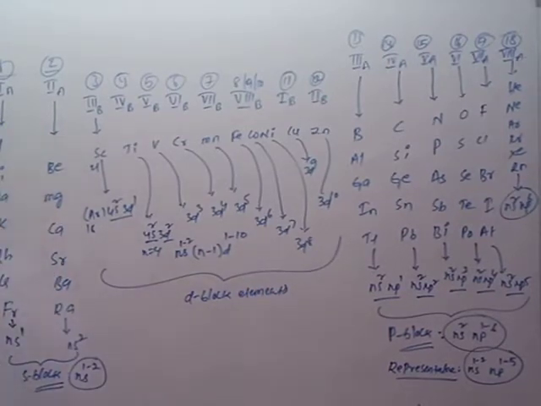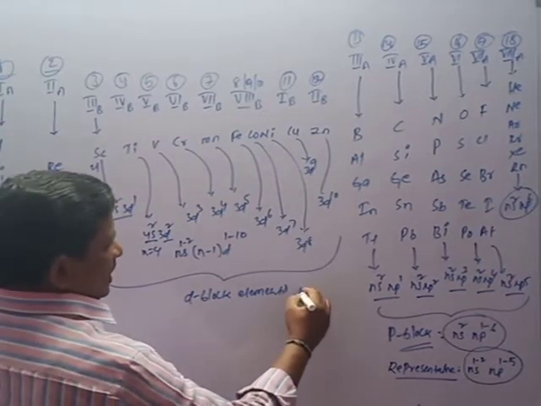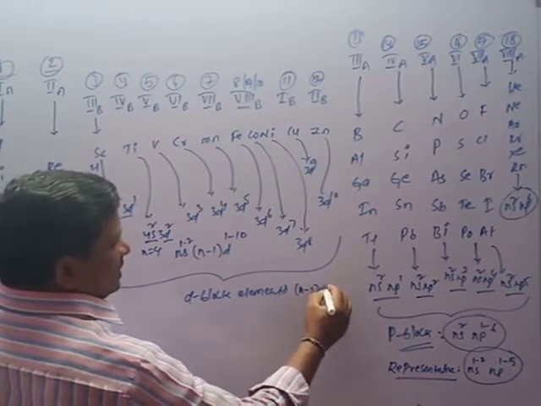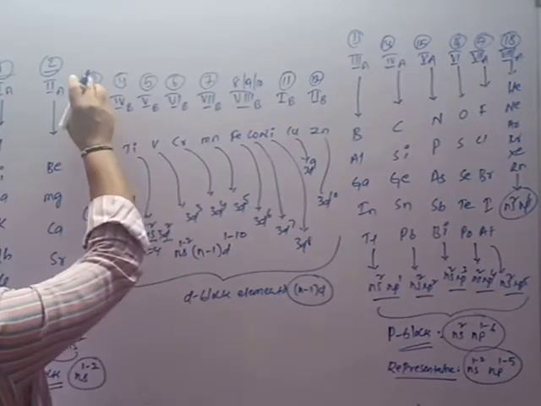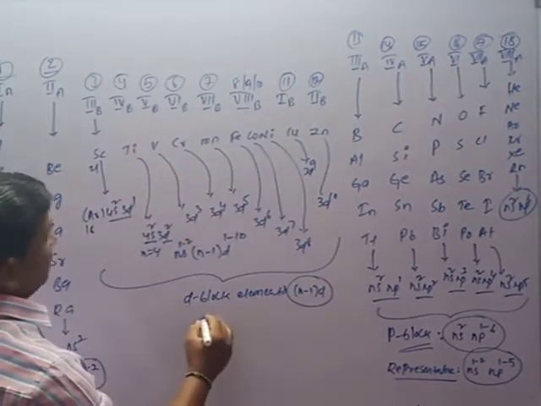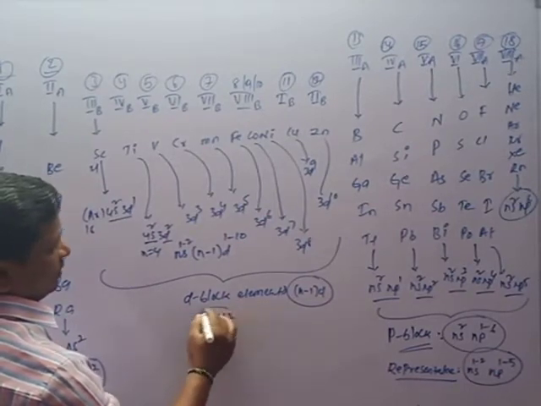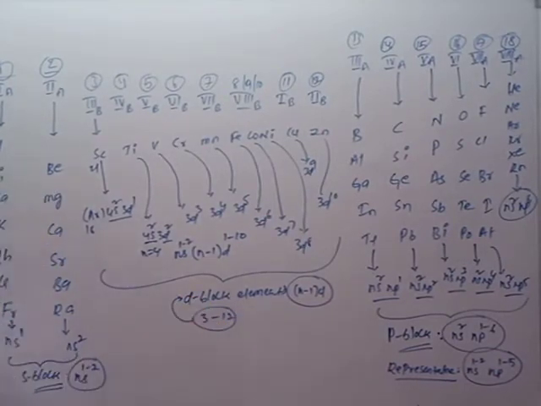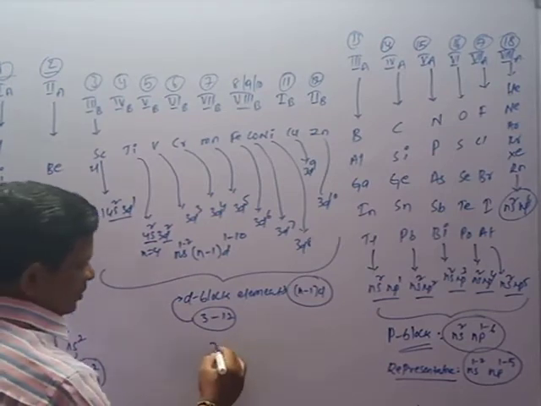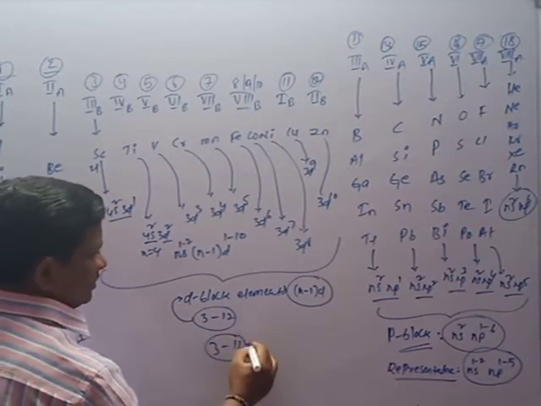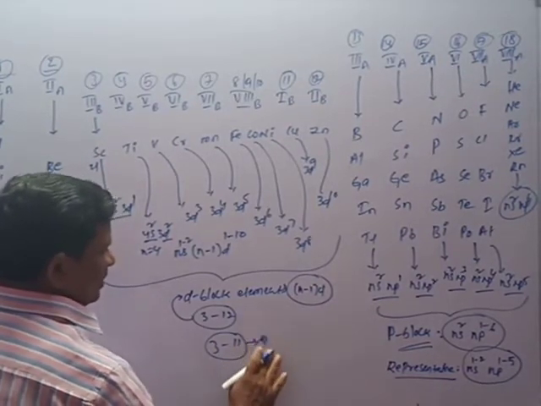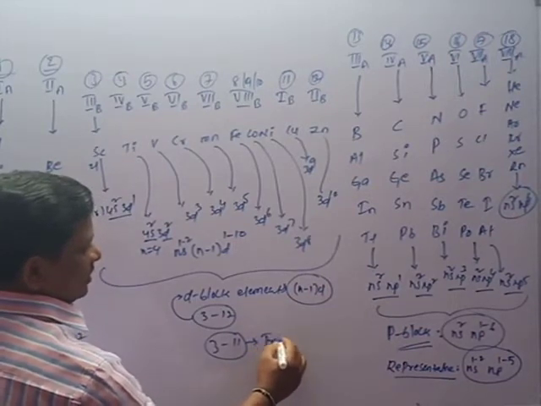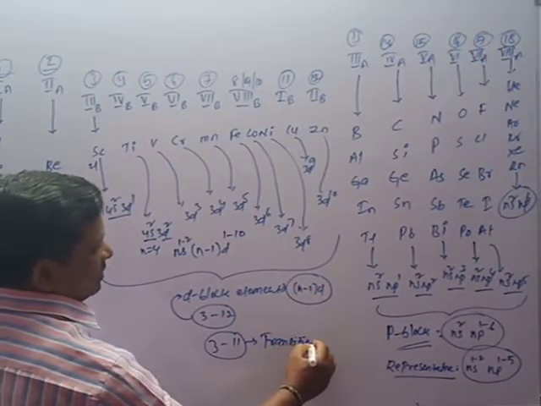The differentiating electron enters into the (n-1)d subshell. So the third group to 12th group elements are called d block elements. But the third group to 11th group elements are known as transition elements. What are transition elements?